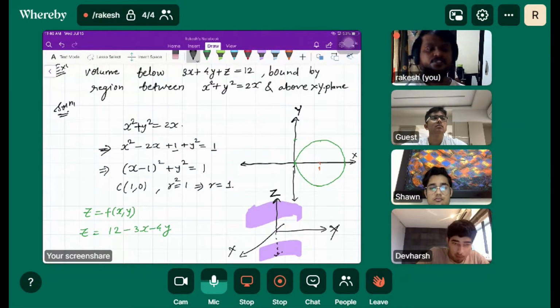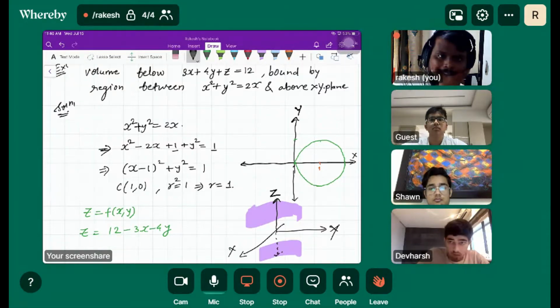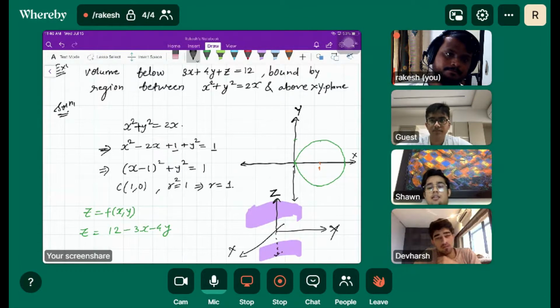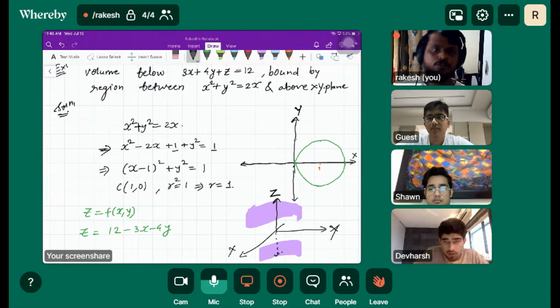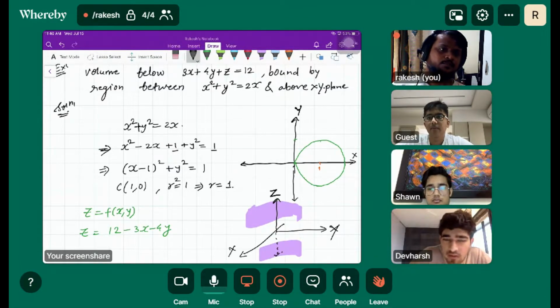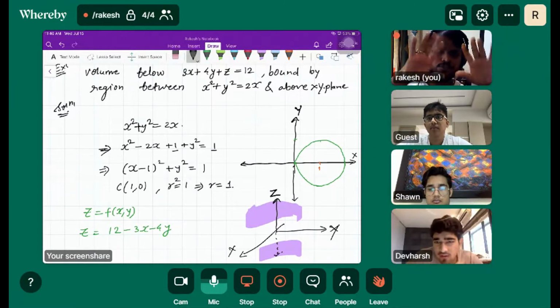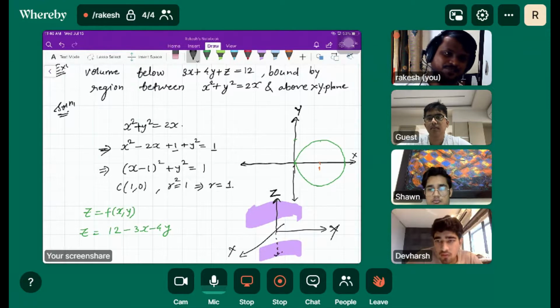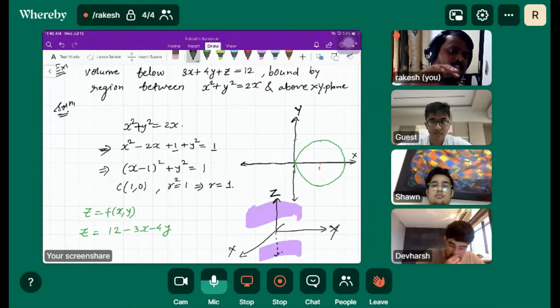Is our region in the first quadrant or the second quadrant, or the whole circle? First and fourth, right? So basically the whole circle, bounded by the region between this and the xy plane.